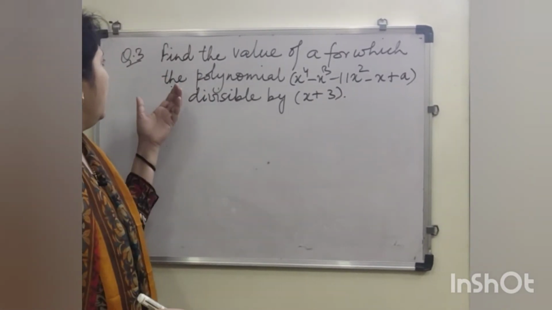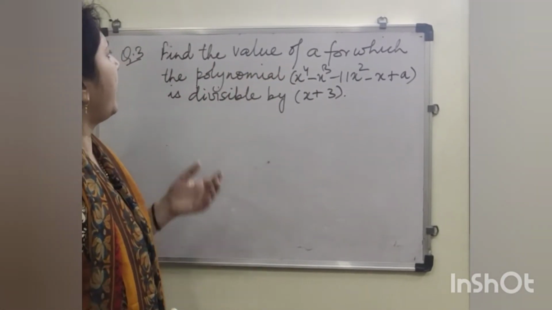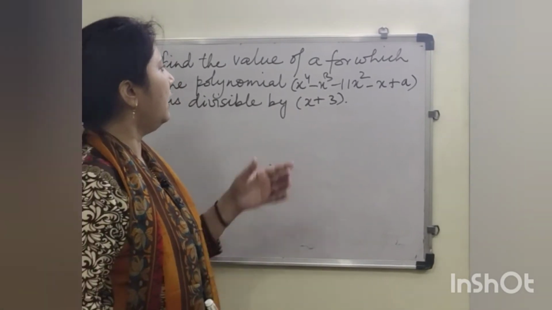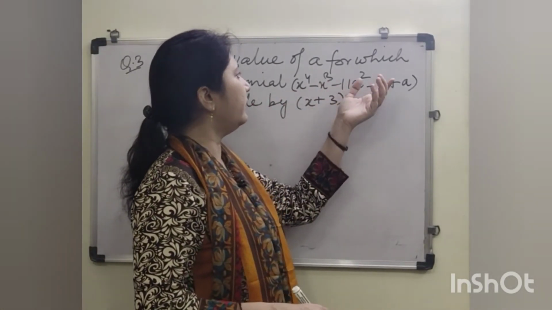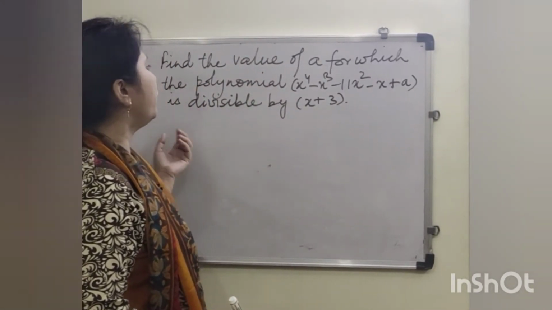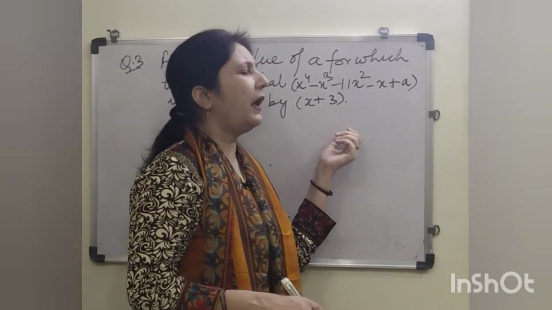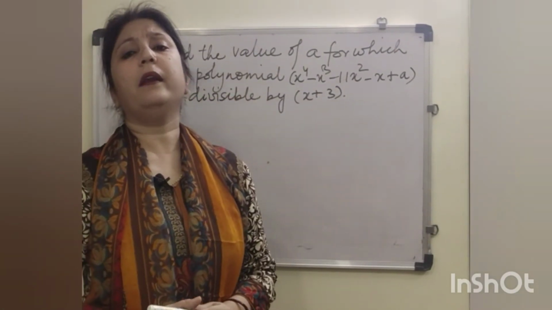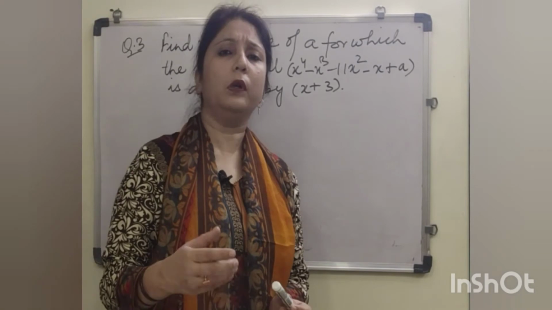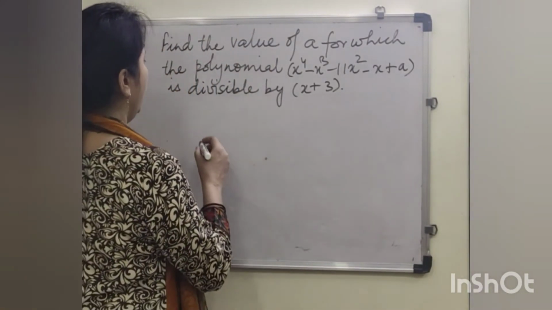Now one more question. Find the value of a for which the polynomial x to the power 4 minus x cube minus 11x square minus x plus a is divisible by x plus 3. Here they have not written p(x) and g(x), that we have to write on our own. So let's begin with the question.